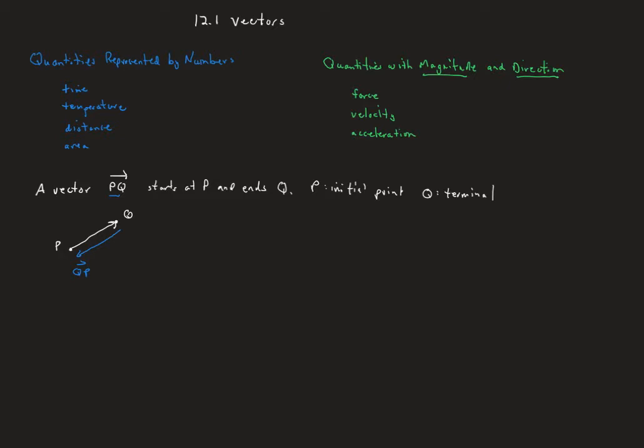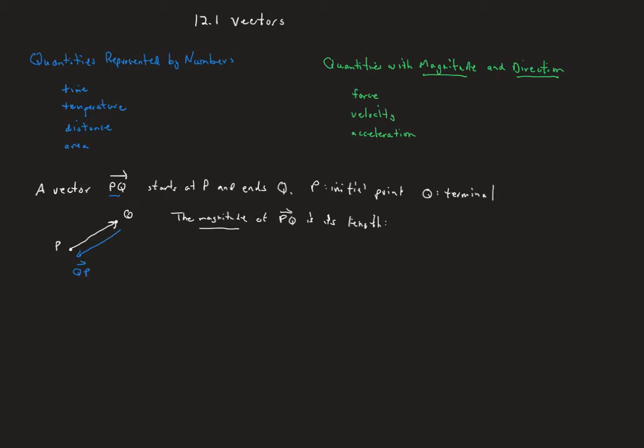So we will talk about the magnitude of a vector. So we represent it visually. The magnitude of the vector is going to be its length. The magnitude of vector PQ is its length. And the symbolism we use for this, different books use different symbols, so there's a couple different ones.